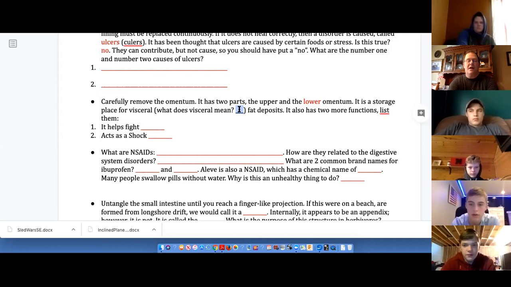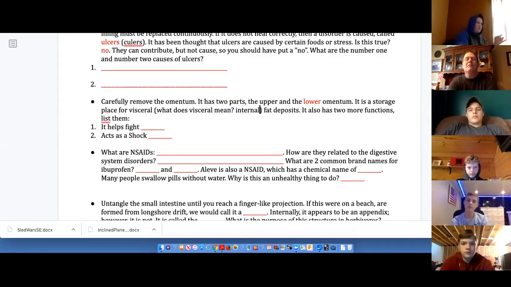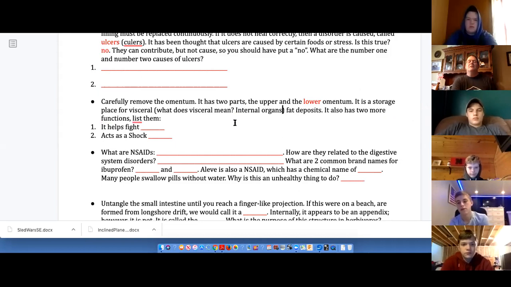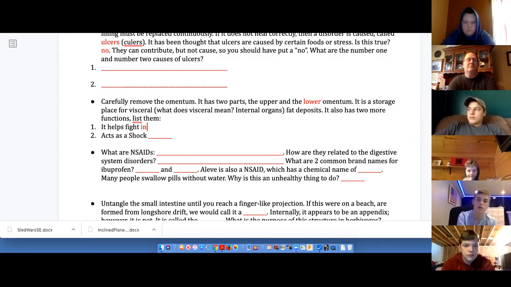Internal organs. Okay, so the omentum helps fight infection and acts as a shock absorber.